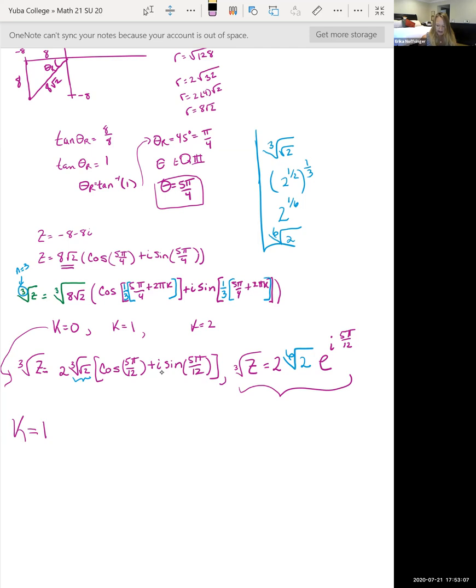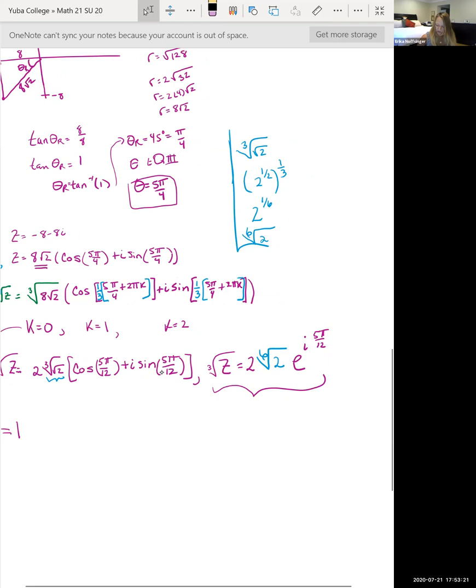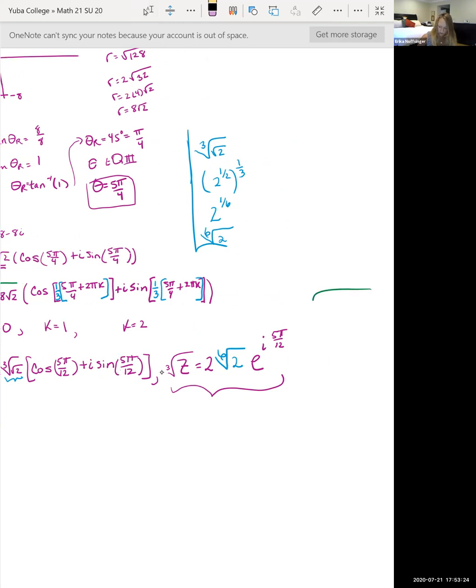Okay, I know I need to clean this up over here because I'm going to have to get a common denominator. K equals 1. So I don't know if we want to do the work on the side and then come back to it. We'll have 1/3 all times this 5 pi fourths plus 2 pi times 1, which is 2 pi.